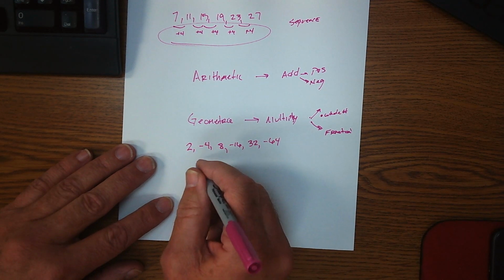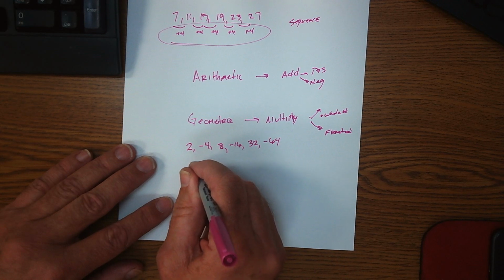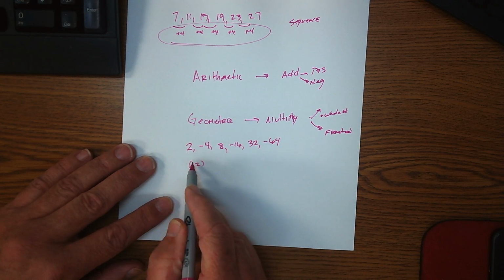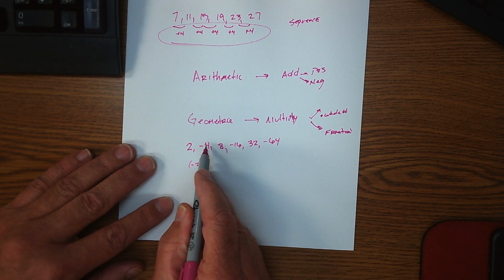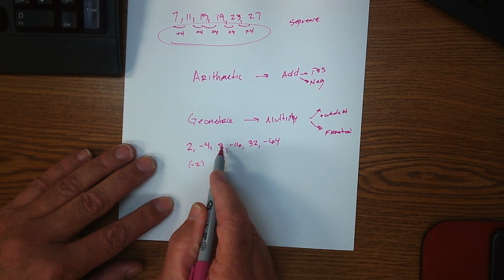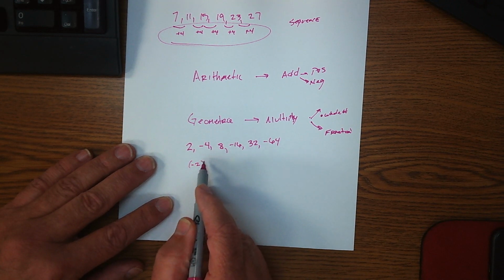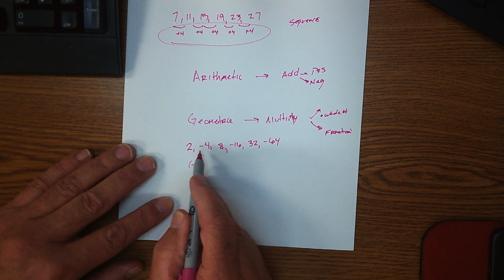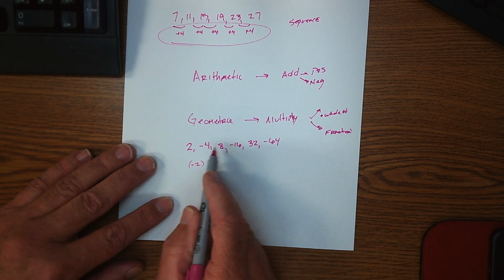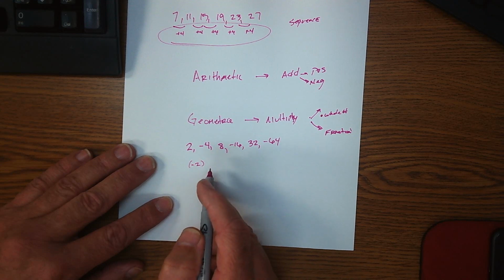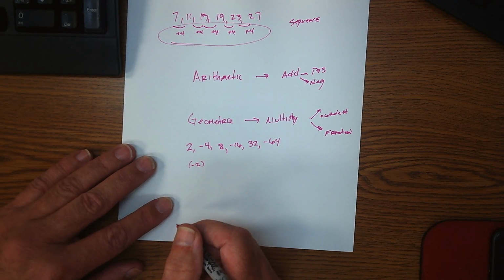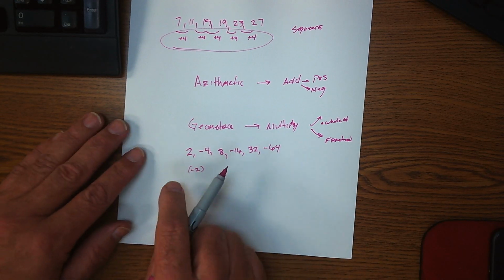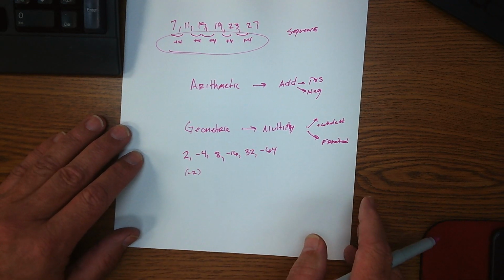Okay? So the number you're multiplying by here is negative 2. Because 2 times negative 2 will be negative 4, but negative 4 times negative 2 will give you a positive 8. And positive 8 times negative 2 will give you a negative 16. So the sign flops back and forth because you're multiplying by a negative number. Okay? So those kind of things will happen. As we go through these, you'll start recognizing these better.